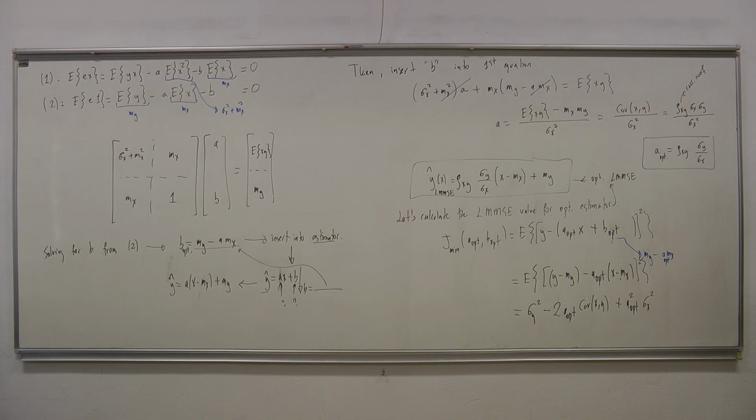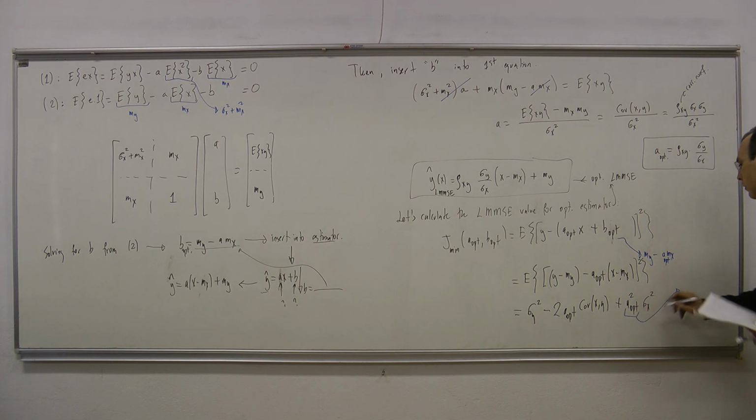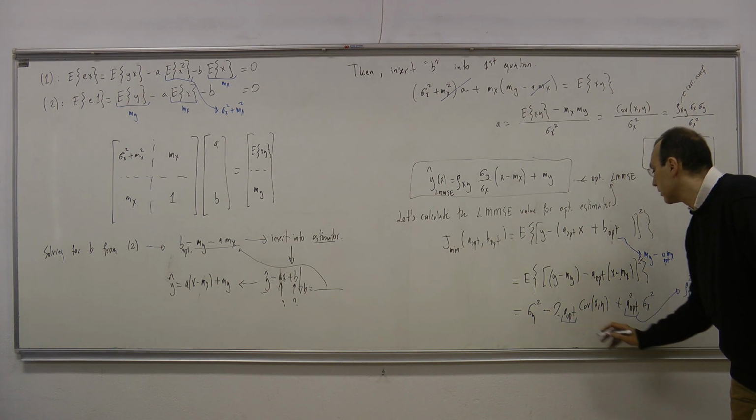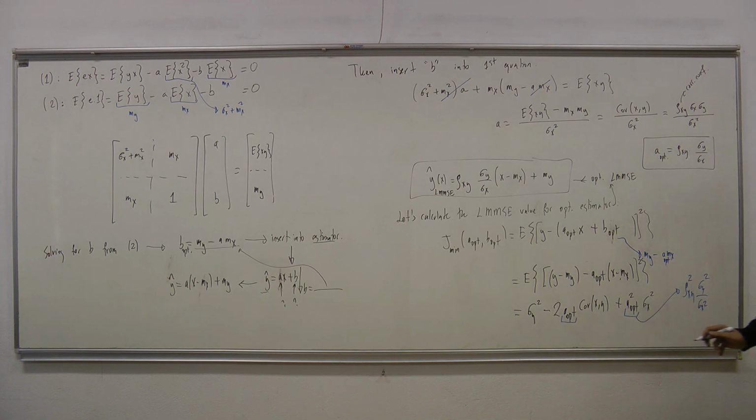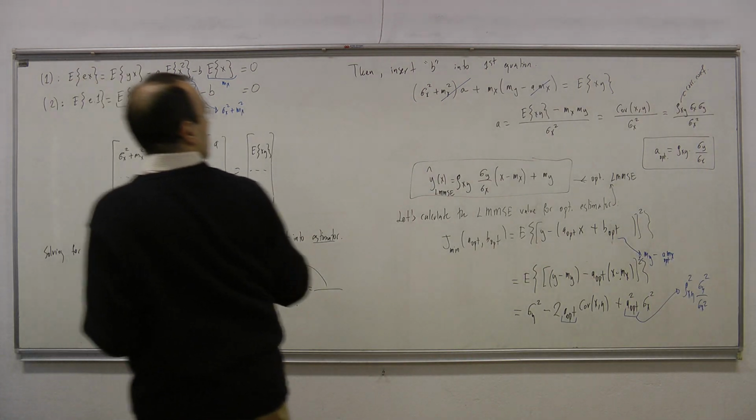And how about this? Let me insert it over here. A_OPT square is rho_xy square, sigma_y square over sigma_x square.